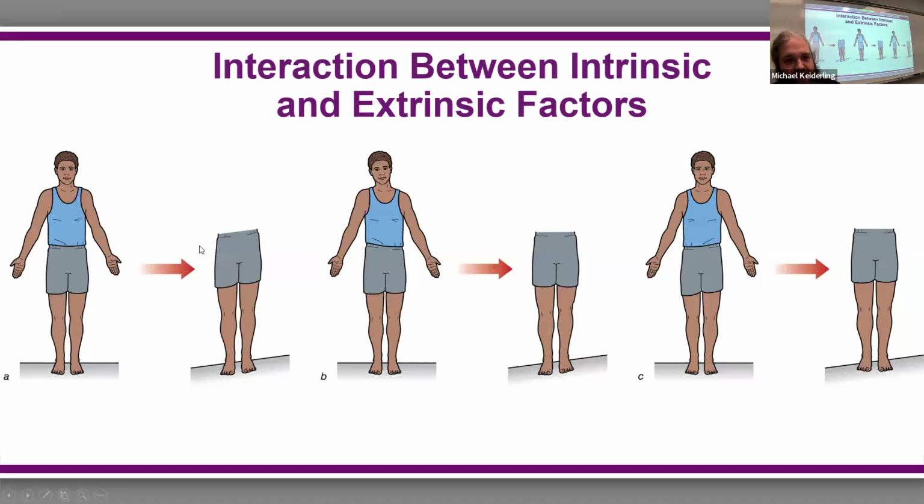And they can interact. So here we have an extrinsic factor, the slope, which affects the alignment of your hips. And then we have a person here who has skeletal alignment differences where one hip is higher than the other.